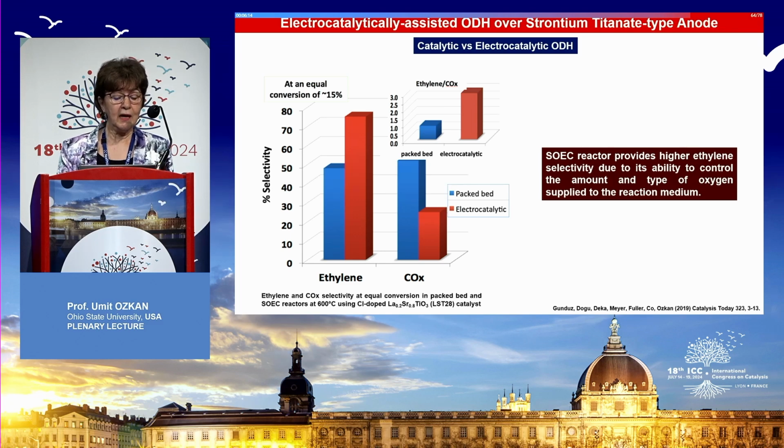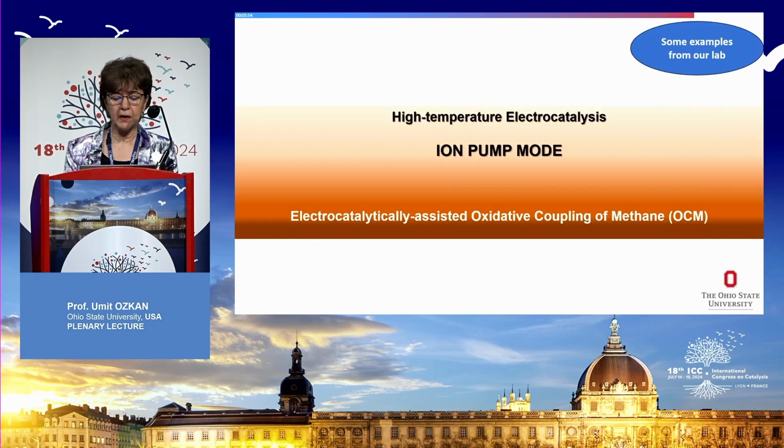Clearly, ethylene selectivity is much higher for the electrocatalytic case, and the COx selectivity is much lower, again, for the electrocatalytic case. So clearly, we can really control the selectivity much better if we are using an electrocatalytic operation.